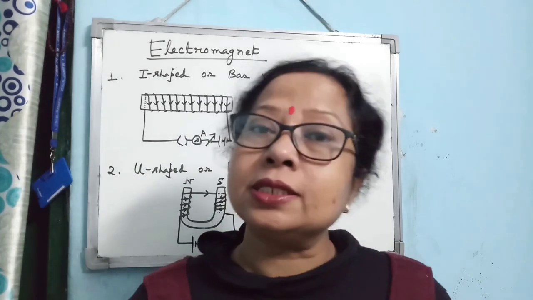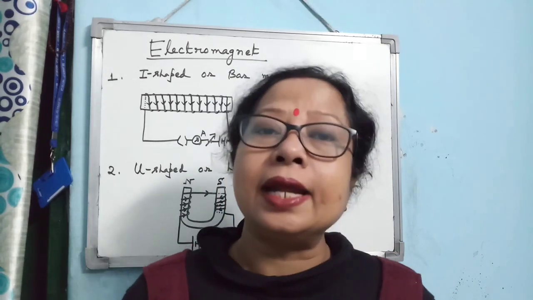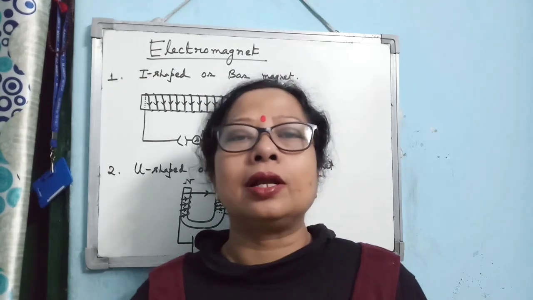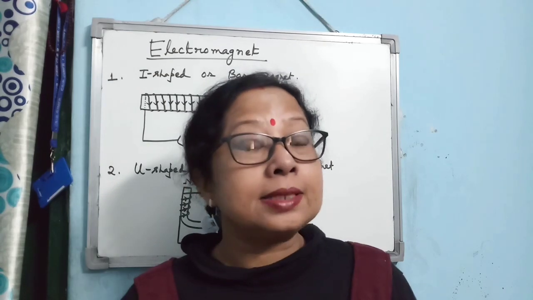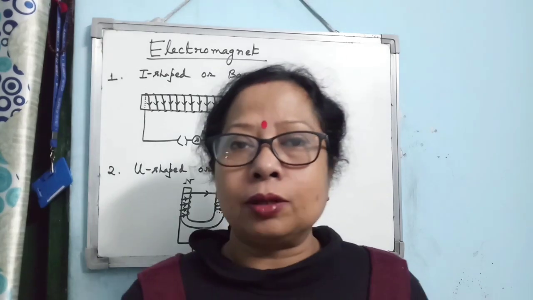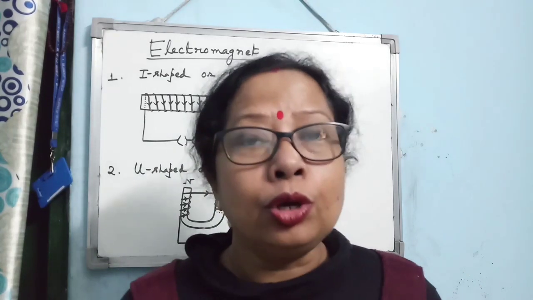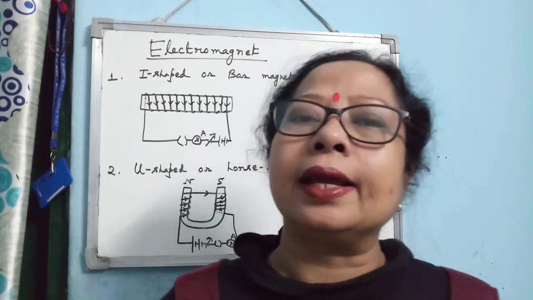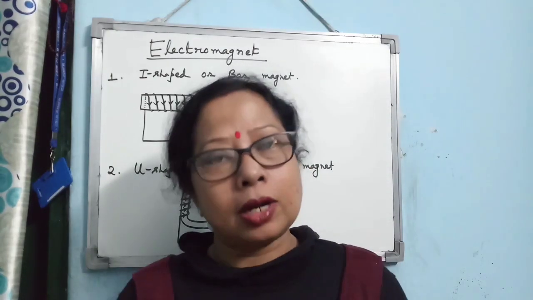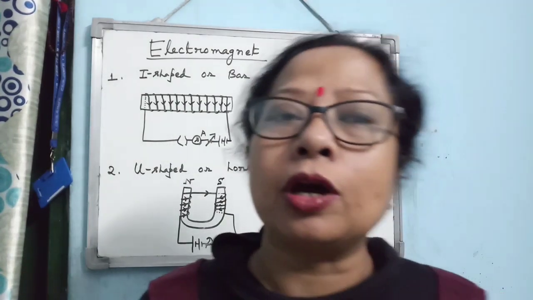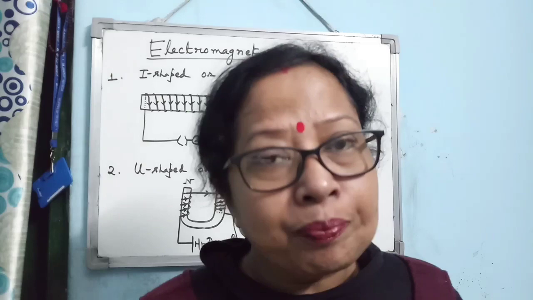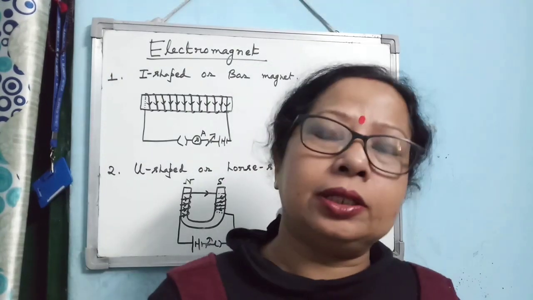Second statement: a soft iron bar placed as a core within a long cylindrical current carrying coil. The one word is electromagnet. So you have to learn the definitions of electromagnet and solenoid, but you will get indirect questions on these two concepts.